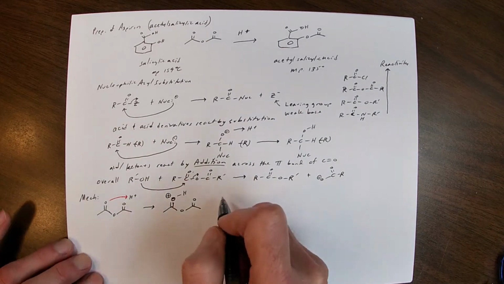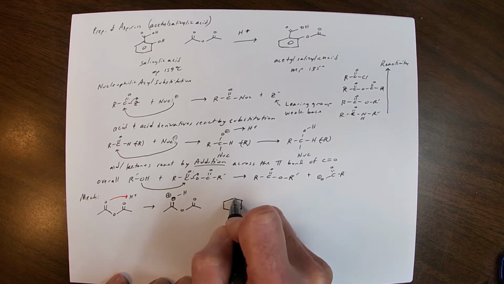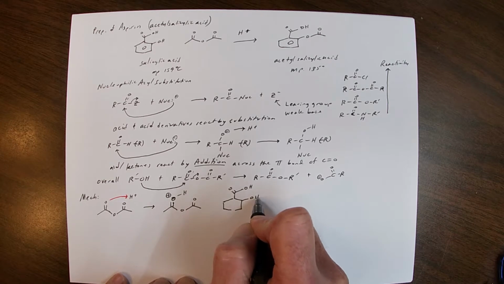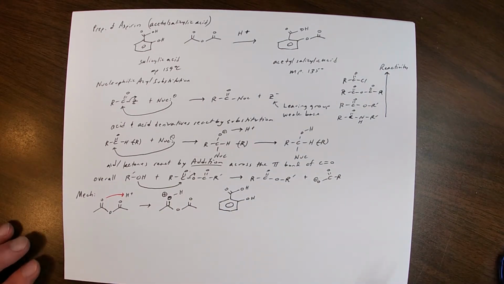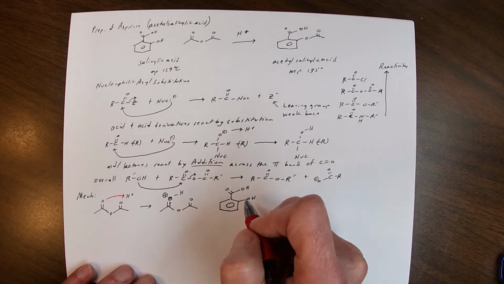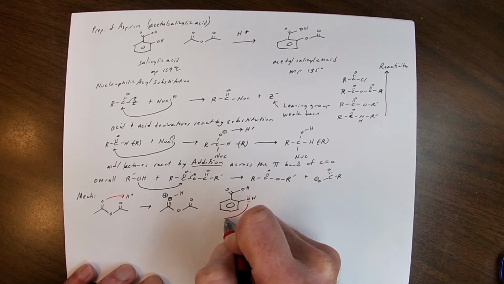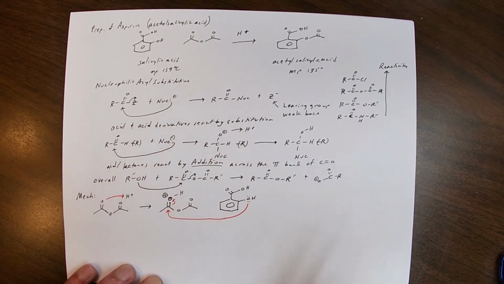Okay, now here's where my salicylic acid comes in. And we're not going to do anything with that benzene ring, so I'm just going to use an aromatic circle there. And this is, again, our nucleophile. The alcohol is going to attack the carbonyl. Electron pair goes out.